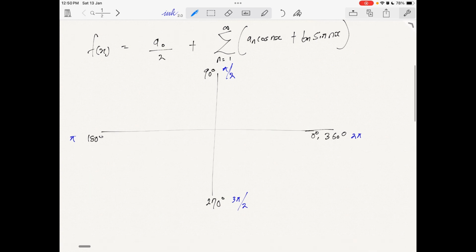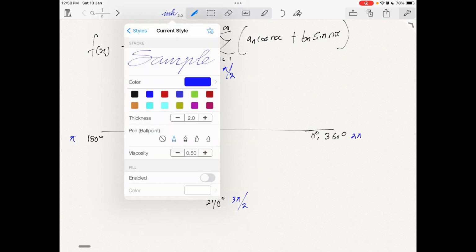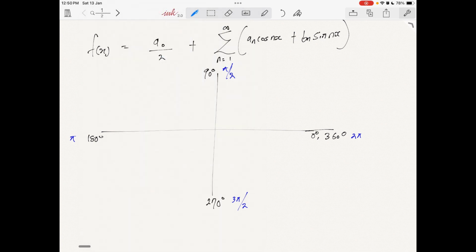Now, since we will be dealing a lot with radians instead of degrees, there is a need for us to know what is sine pi, what is cos pi, what is sine pi over 2, what is cos pi over 2, what is sine 3 pi over 2, and what is cos 3 pi over 2, what is sine 2 pi, and what is cos 2 pi.